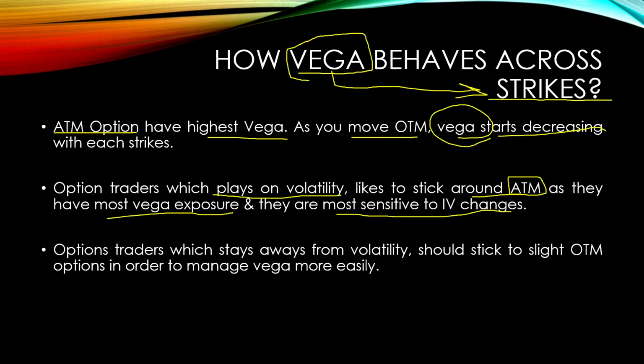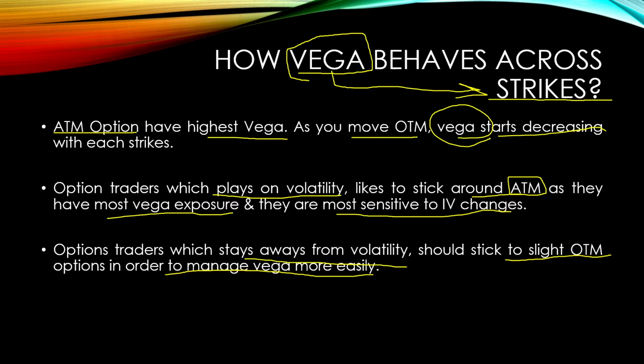So remember, if you want to play with volatility, stick to ATM options, and if you want to protect yourself from volatility changes, then you need to move slightly out of the money. An option trader who wants to stay away from volatility should stick to slightly OTM options in order to manage Vega more easily.